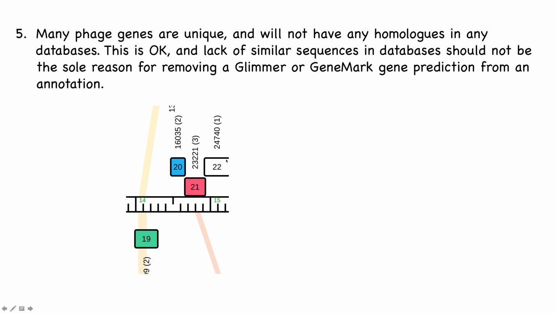And so long as this gene is long enough, more than 120 base pairs, and has coding potential, and maybe even if you plug it into HHPred, which you'll learn about shortly, you can see that it might have a predictable function. There's all kinds of other things that we can look at to indicate whether it's a gene, even though it doesn't match anything in the database. So here's the coding potential for that gene. We can see that it has coding potential.